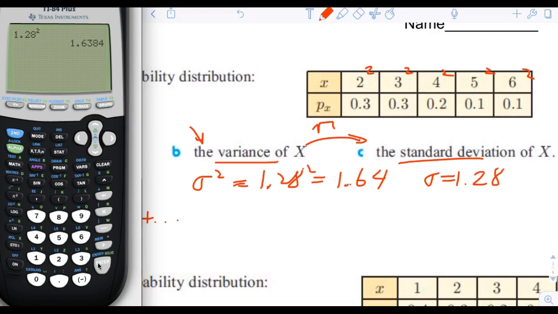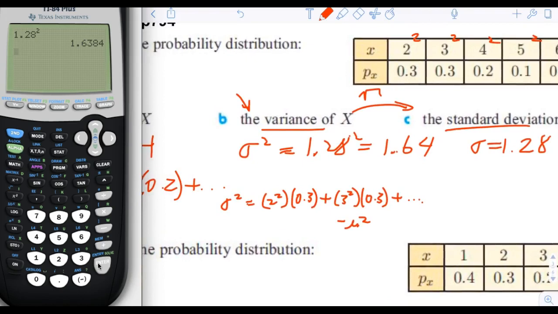So the pattern here would be sigma squared is equal to 2 squared times 0.3 plus 3 squared times 0.3 plus, and so on, okay? And after you do all of that, you're going to subtract mu squared, okay?